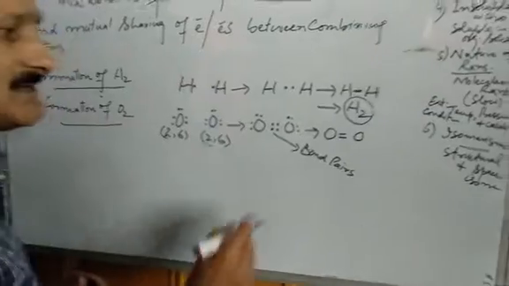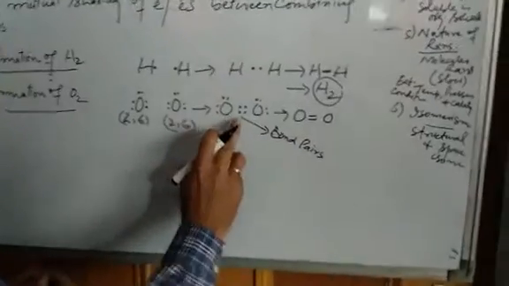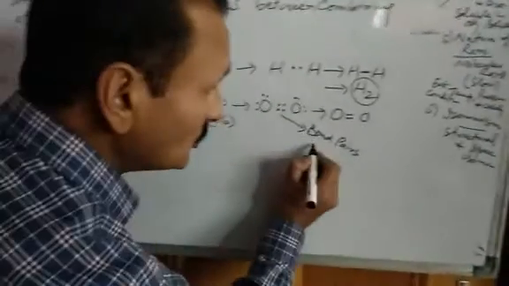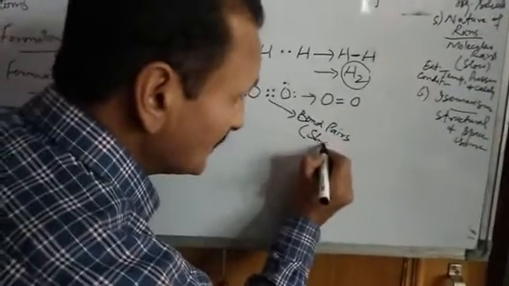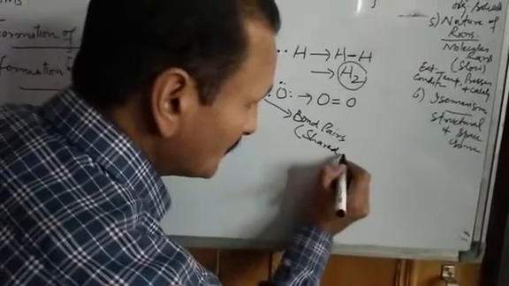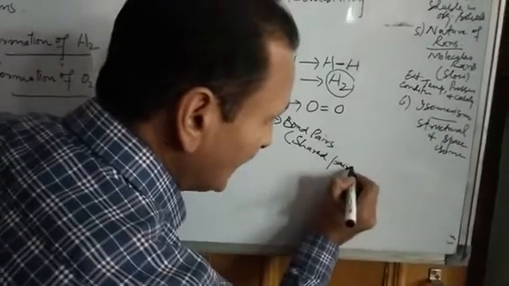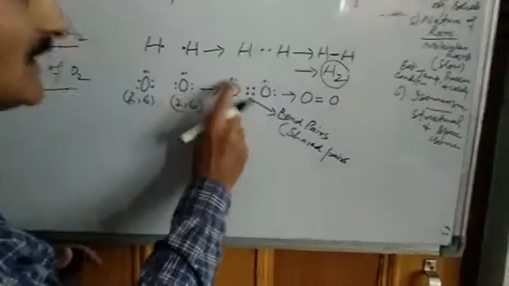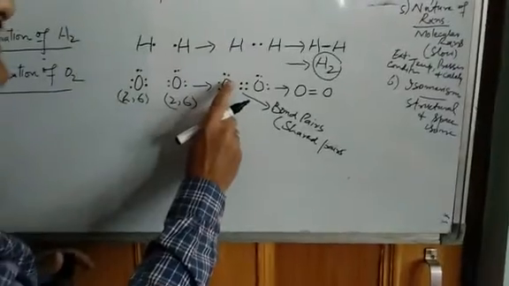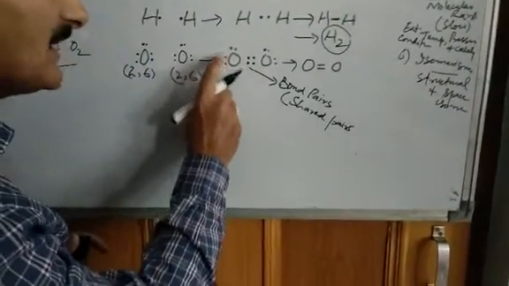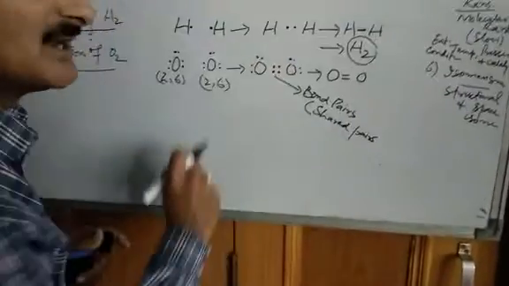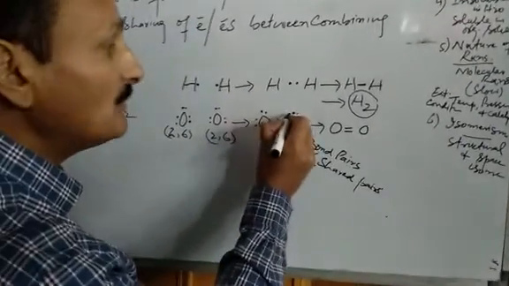So what are bond pairs? Bond pairs are the electrons which form bonds. They are also known as shared pairs. While the other electron pairs which are not taking part in bonding, for example this pair, this pair, this pair, this pair, are known as lone pairs.